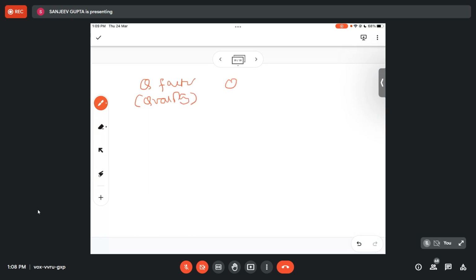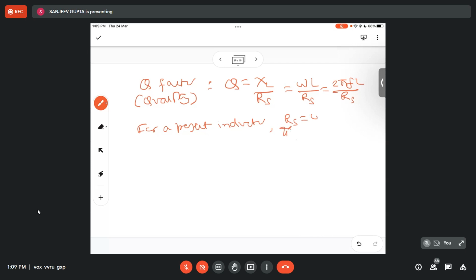It is given as Q is equal to XL over Rs, that is, inductive reactance over series resistance, or omega L over Rs, or 2 pi FL over Rs. For a perfect inductor it is very straightforward. R is parasitic here for an inductor, so Rs must be equal to 0, and Q obviously becomes infinite.